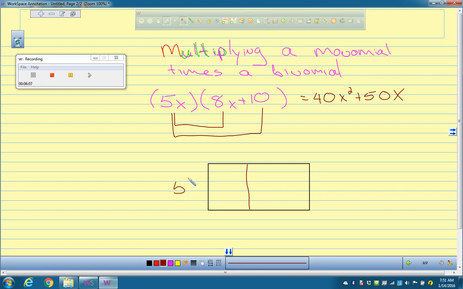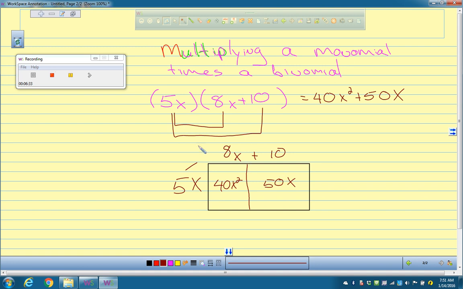So if I put the 5x over here as the width of my rectangle and the length of my rectangle as 8x plus 10 over here, and I find the area of this rectangle. What would be the area of this rectangle right here? 40x squared, right? And what's 10 times 5x? 50x. So this is your answer, the area of that rectangle.